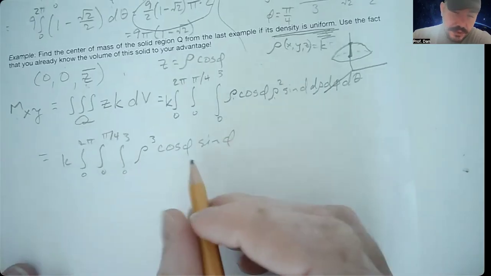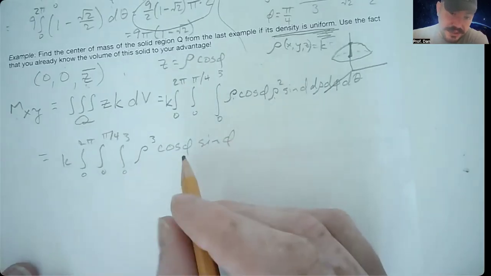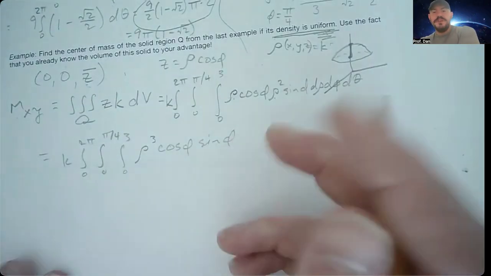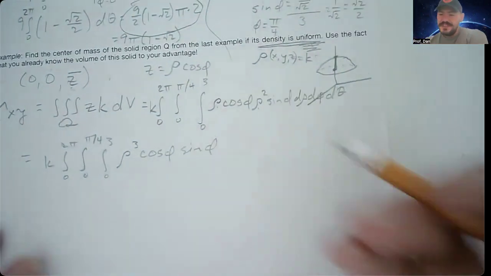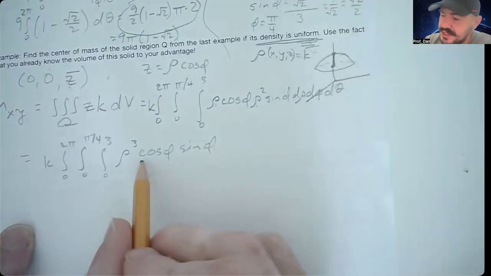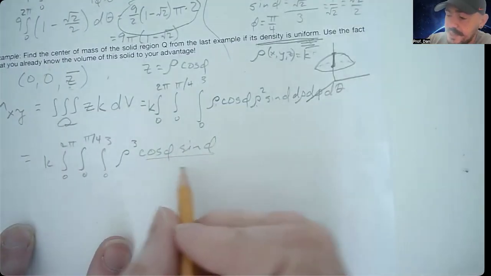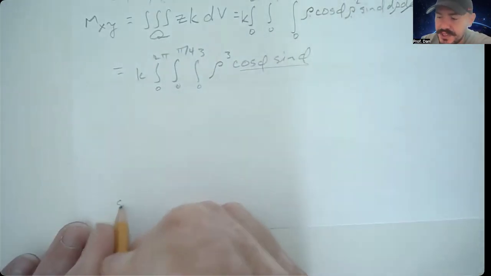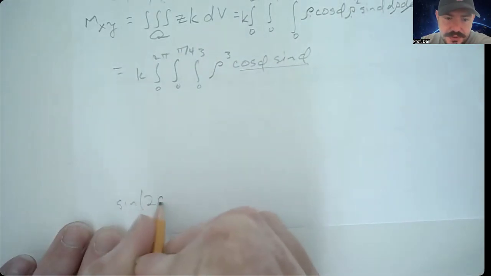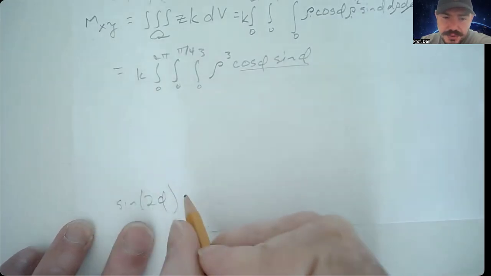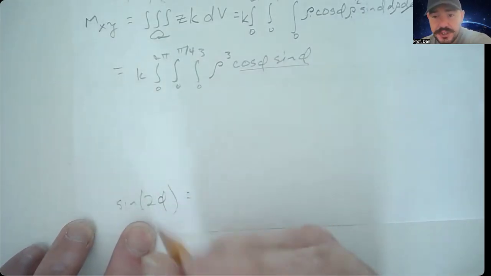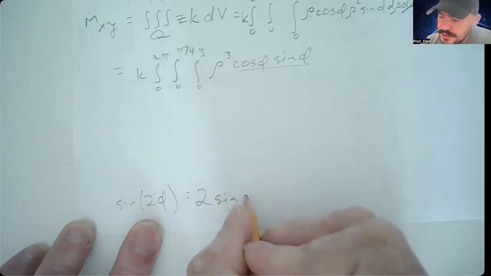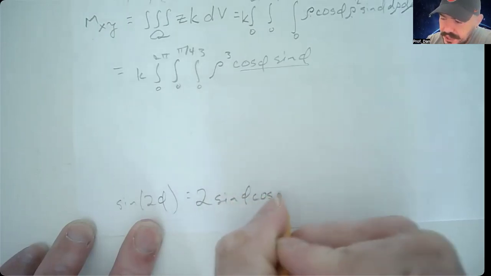And don't write anything more yet because I can use a trig identity to make this easier so that I don't have to do some weird u-sub for no reason. Remember this is similar to your sine double angle formula. To remind you of what that was, sine of 2 phi, or 2 theta, or whatever you want to call the angle, is equal to 2 sine phi cosine phi.